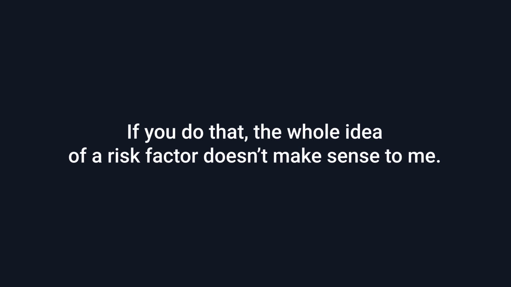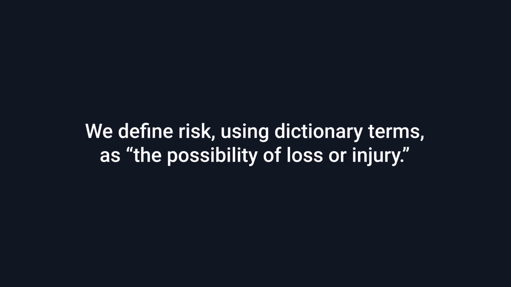Here, as vice chairman, Charlie Munger, rest his soul, sat on the board of directors where they obtained a candid, inside view of the company and could intervene in decisions of management if necessary. Now, Buffett wrote, and I quote, "I put a heavy weight on certainty. If you do that, the whole idea of a risk factor doesn't make sense to me. Risk comes from not knowing what you're doing. We define risk using dictionary terms as the possibility of loss or injury."